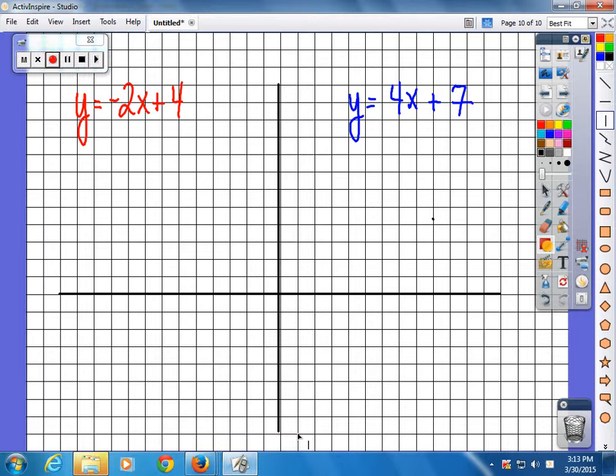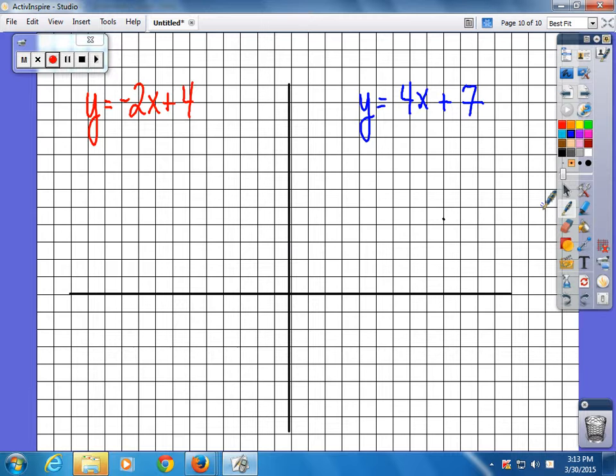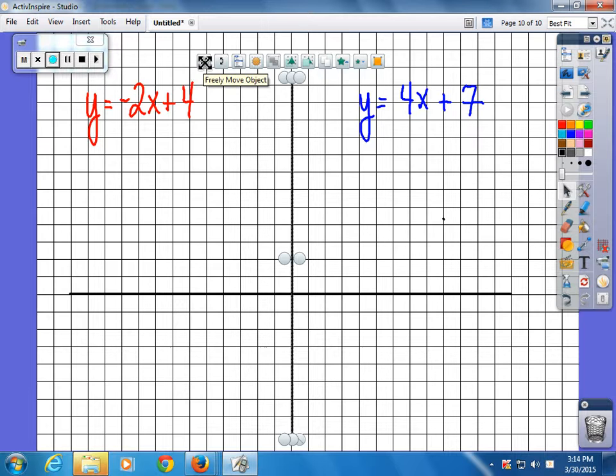All right, I'm going to use the building a line method. So I'm going to put my 4 right here. 1, 2, 3, 4.